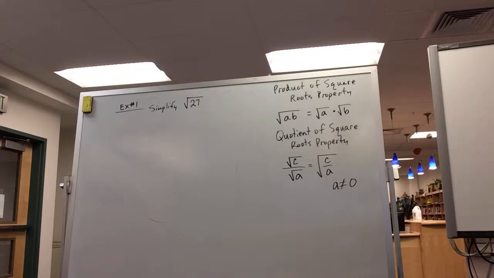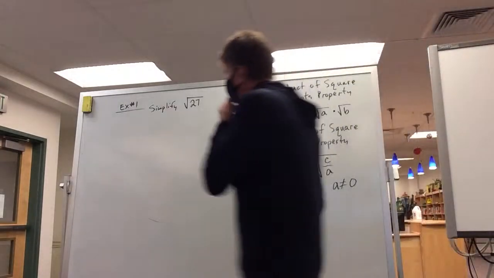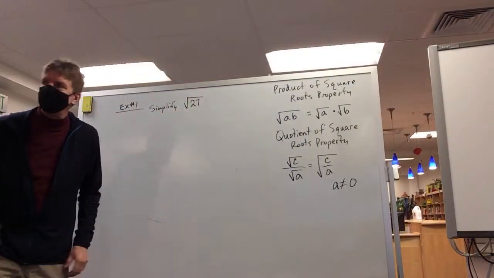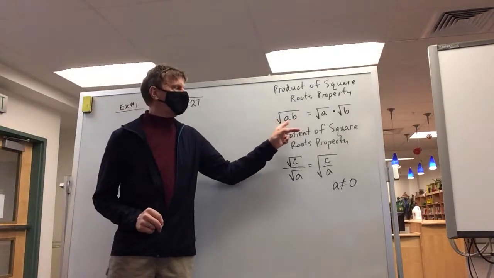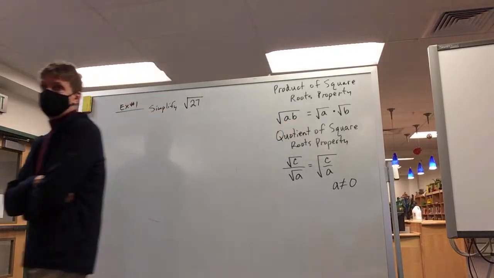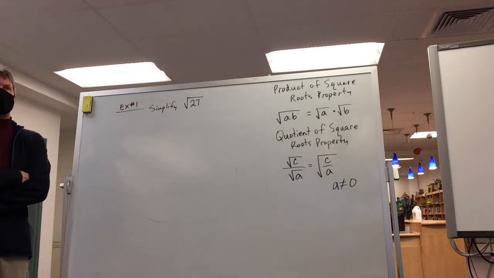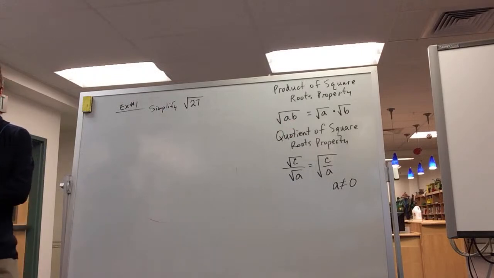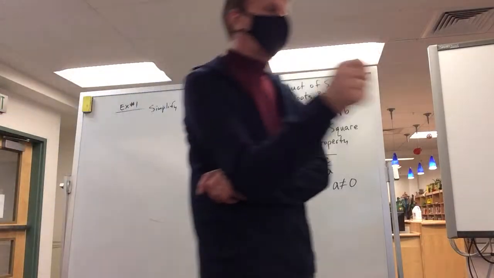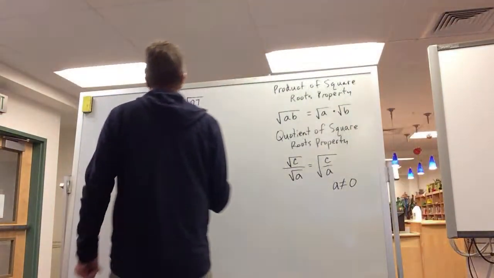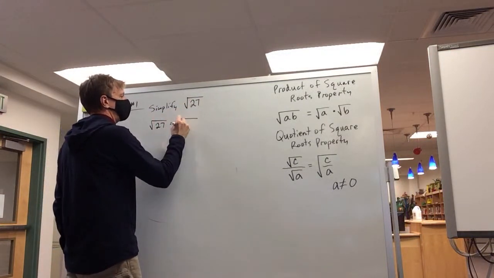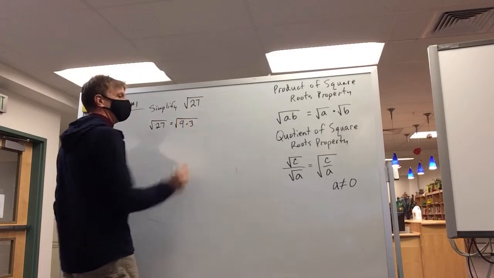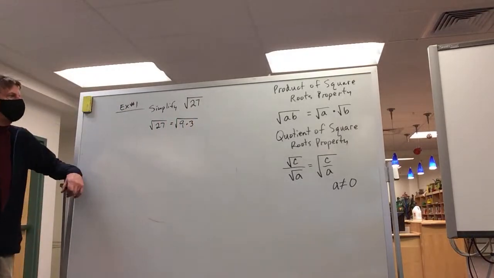Here's your strategy. When you look at 27, can you write that as a product? In other words, 2 or more numbers that are multiplied together, so that one of those numbers is a perfect square. 3 times 9, there you go. So, the square root of 27 is equal to the square root of, I'm going to write 9 times 3. You can write 3 times 9, that's fine.